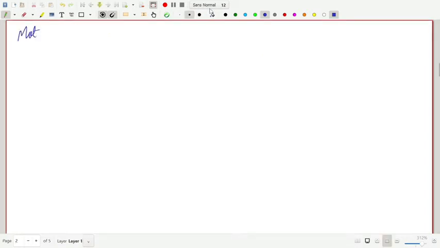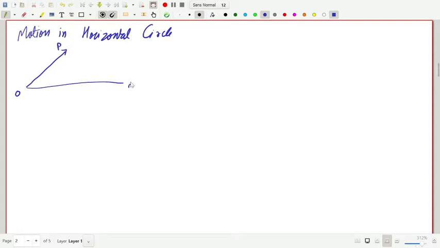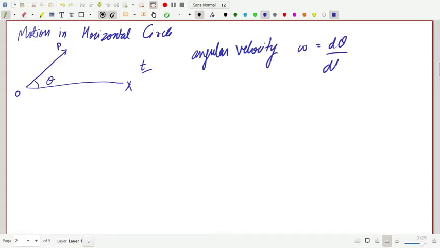Motion in a horizontal circle. If OP makes an angle theta radians with a fixed line OX, a horizontal line, in time t, then the angular velocity of P about O is given by d theta by dt.